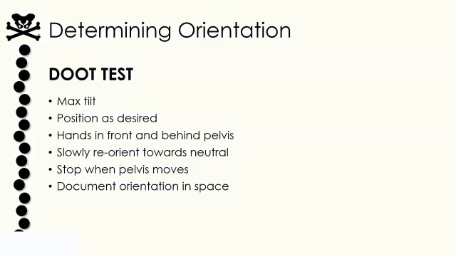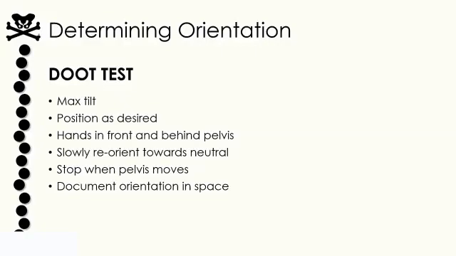And then you're going to place your hands just in front of and in back of their lumbar spine and pelvic region so that you can feel movement. And once you have that set up, you're going to slowly bring that orientation back up, and you're trying to feel for the place at which the pelvis starts to rock anteriorly again.